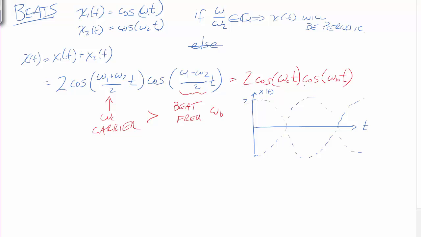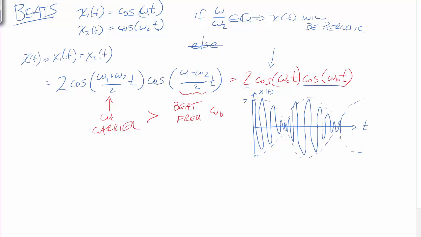I can think of this, along with the 2, acting like an amplitude on the carrier cosine omega c t. Apologies for my sketching technique, but the idea is that we've got a high frequency carrier cosine whose amplitude is itself changing as a function of time. This inner cosine wiggles at frequency omega c, and this dashed cosine wiggles with frequency omega b.